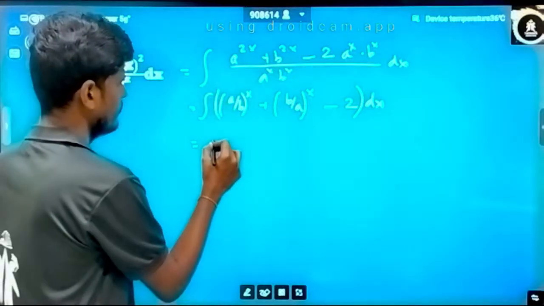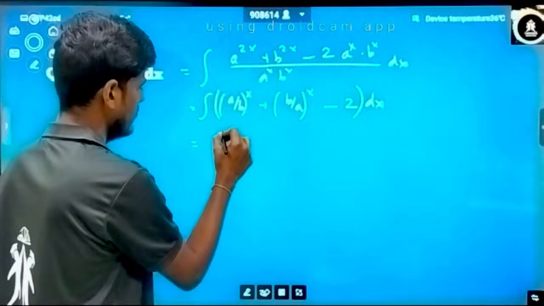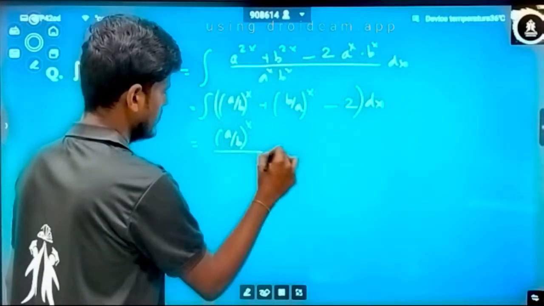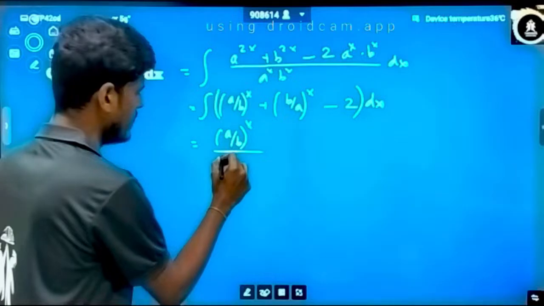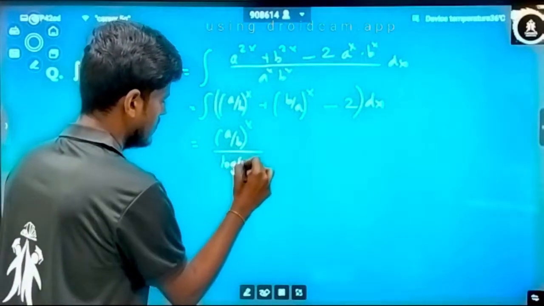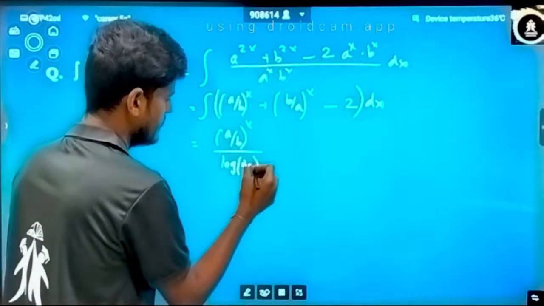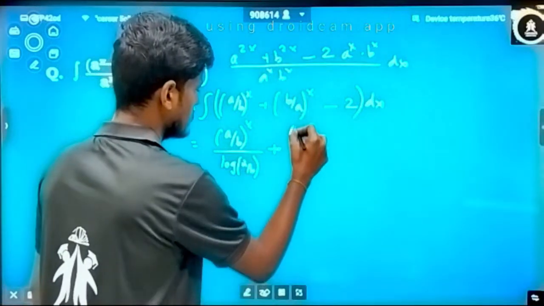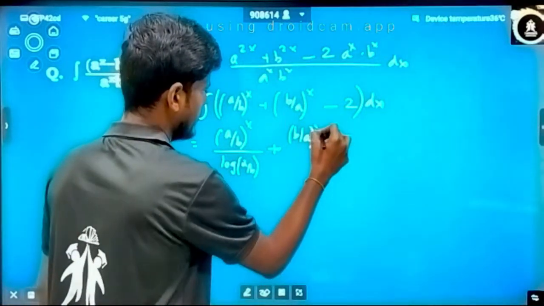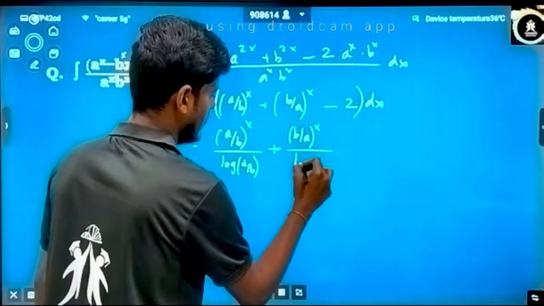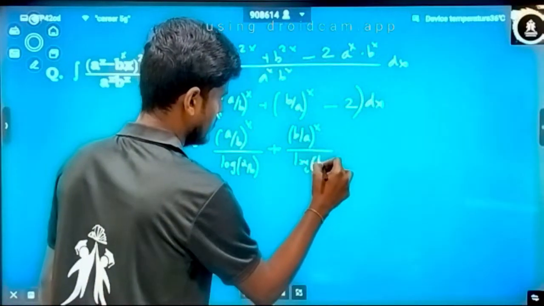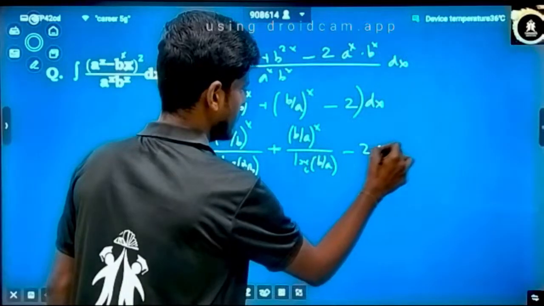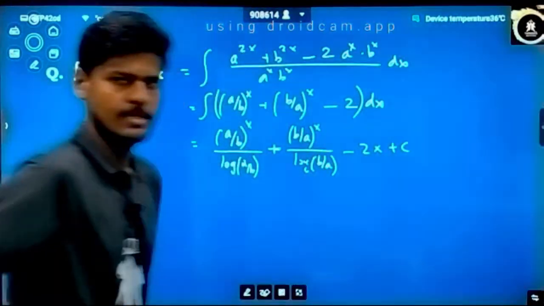So this is equal to a by b power x divided by log of a by b, plus b by a power x divided by log of b by a, minus 2 times x plus constant.